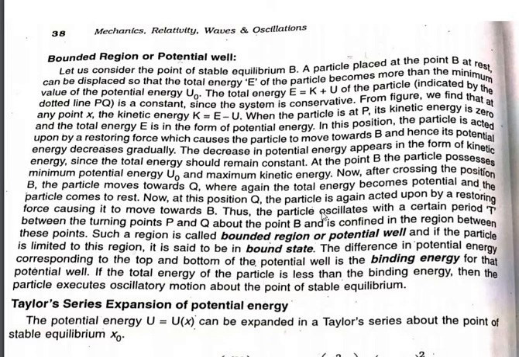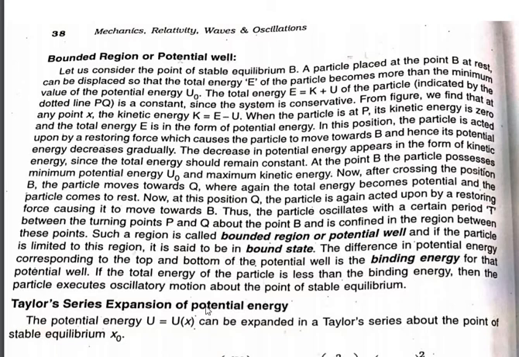So this is just like a well of varying depth, so this is known as the potential well, because here the height of this well is nothing but the potential energy. So this is a potential energy well. This state is known as a bound state.